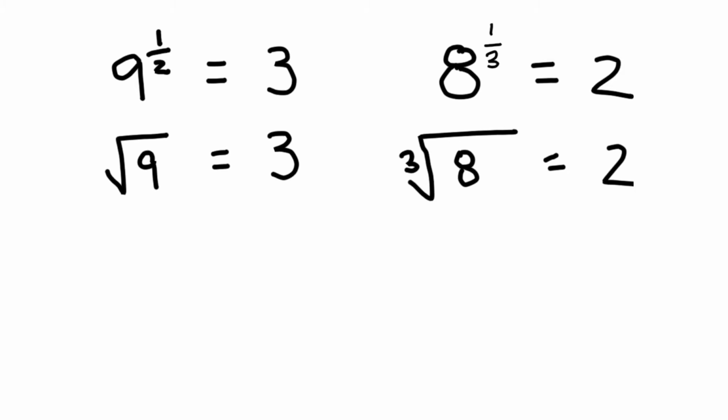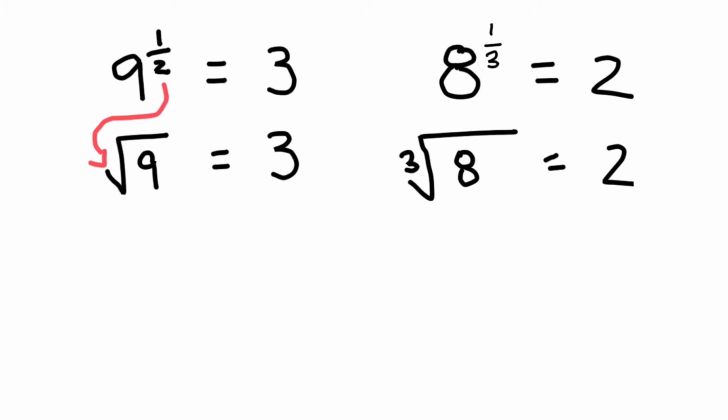So one thing I want you to notice is instead of writing something as a power, we can write it as a radical. And really all you have to do is the number in the bottom of the fraction for the exponent goes where the index is.